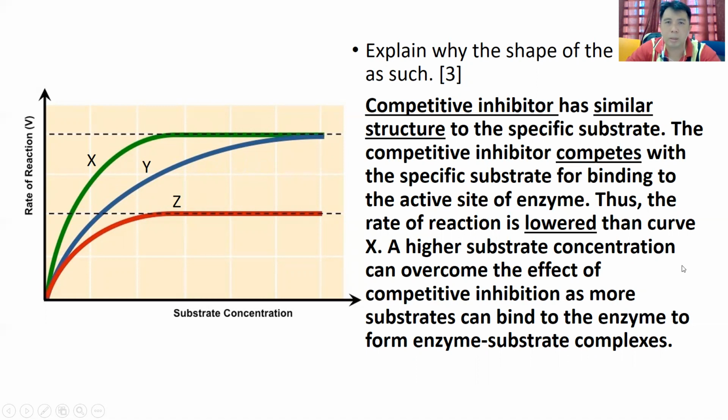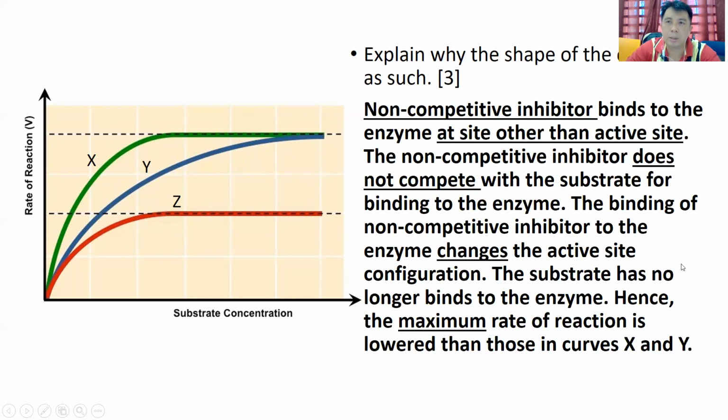Then the next one is talk about the curve Z. So for Z here, non-competitive inhibitor binds to the enzyme at the site other than active site. Then the non-competitive inhibitor does not compete with the substrate for binding to the enzyme.